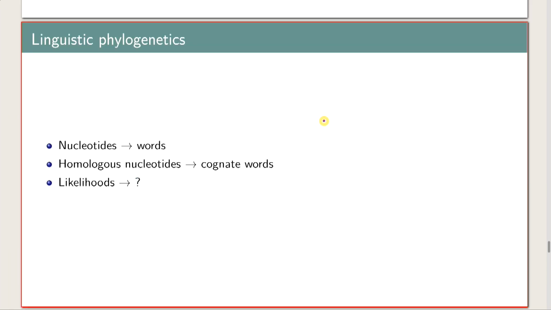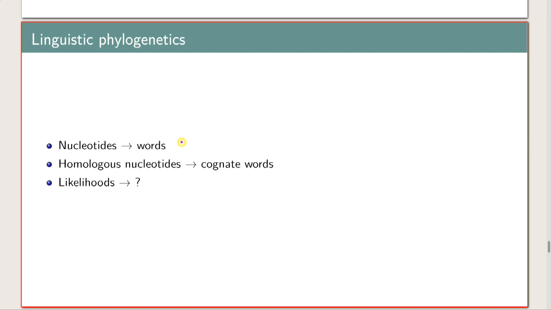Okay, so with that, the last few minutes on what little I understand of the linguistic analog to this. So typically the analog for nucleotides is words, but it's not like you have ACGT for words. You have an insane number of possibilities. And homologous nucleotides would be cognate words, as in the word for "and" or the word for "one" or whatever.